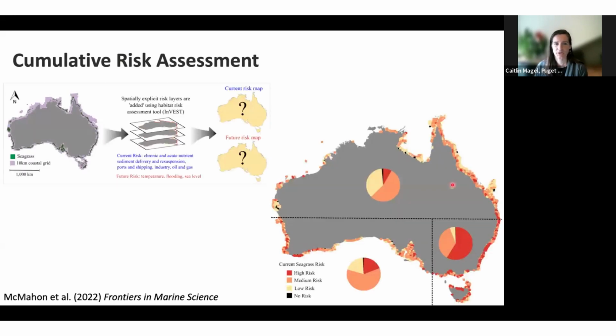A recent example that's fairly relevant: McMahon et al. in 2022 used a risk assessment for seagrass around the continent of Australia. In general, outputs of habitat risk assessments can be used to identify areas of the greatest relative risk of degradation, and in the case of this Australian study, identifying the southeast region of Australia as a particularly high risk subregion.